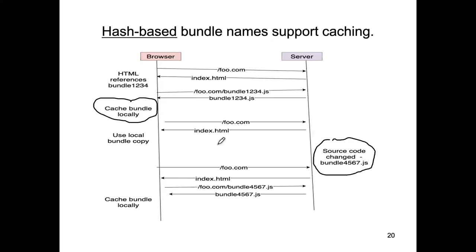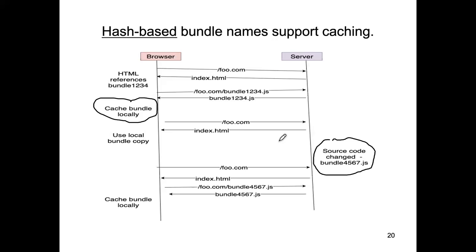And indeed, if there are network devices between the browser and the server, which there definitely will be, like routers and other types of networking devices, they can also cache the bundles. If some other browser wants to load foo.com and gets the index.html and then has to request bundle 1234, then instead of going all the way back to the hosting server for bundle 1234, maybe an intermediate networking device will have a cached version of bundle 1234, and it can supply it.